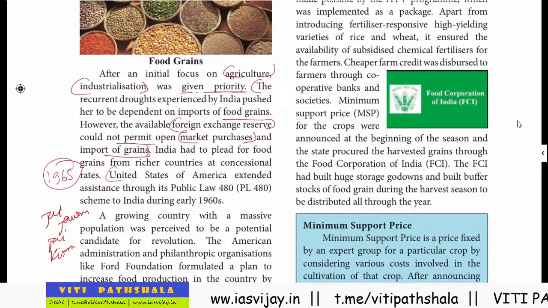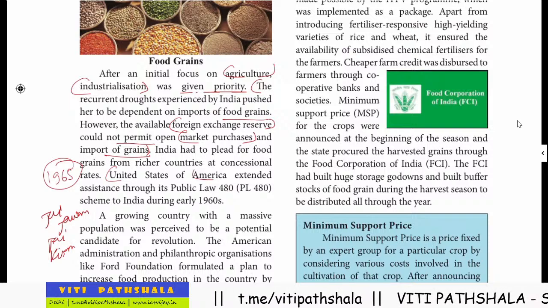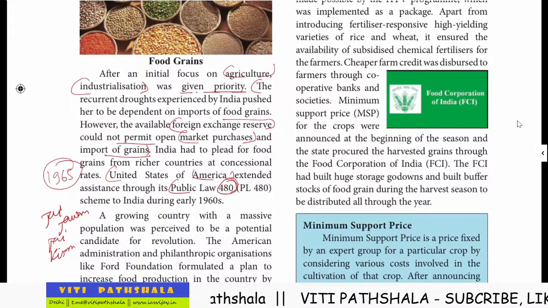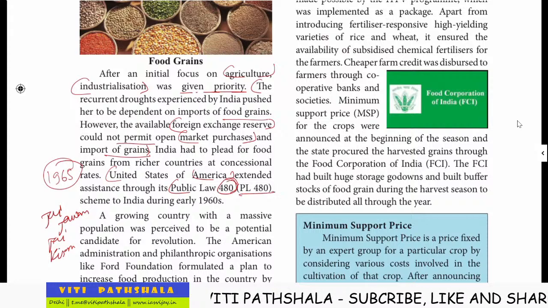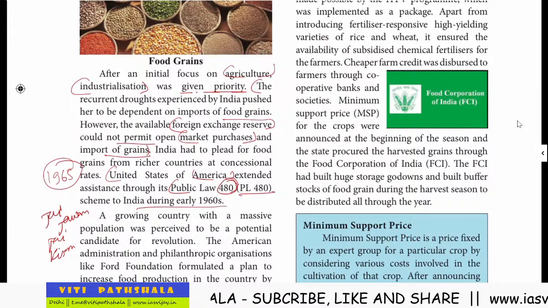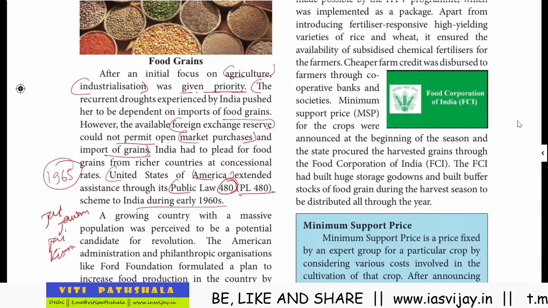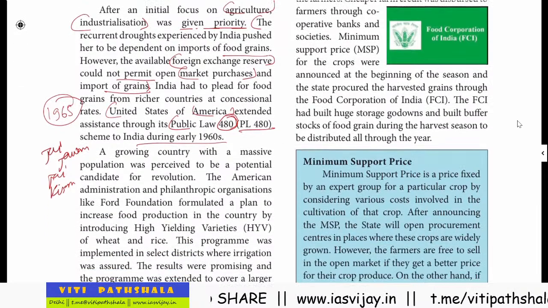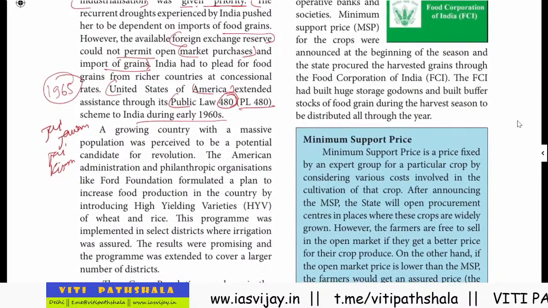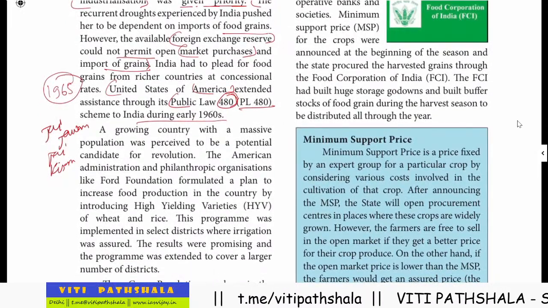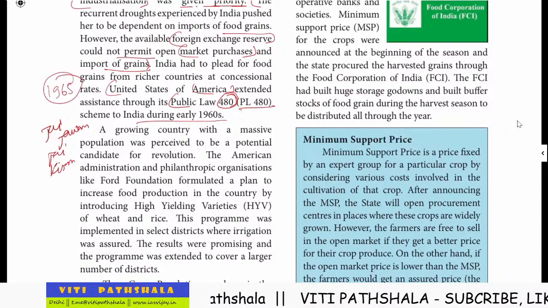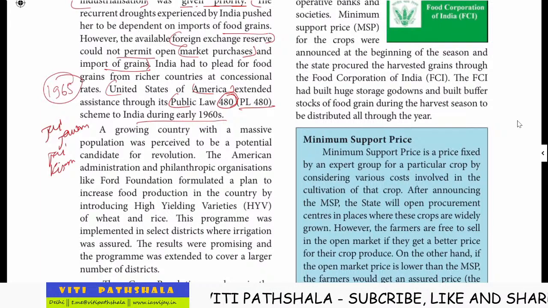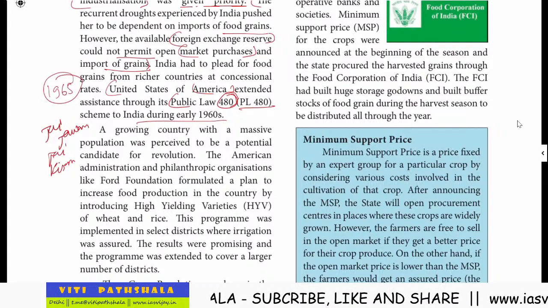Now, the United States of America extended assistance through its public law, the PL 480 scheme, to India during the early 1960s. A growing country with a massive population was perceived to be a potential candidate for the revolution.